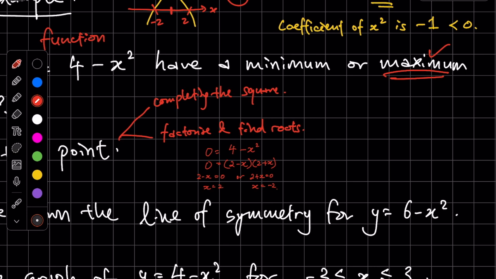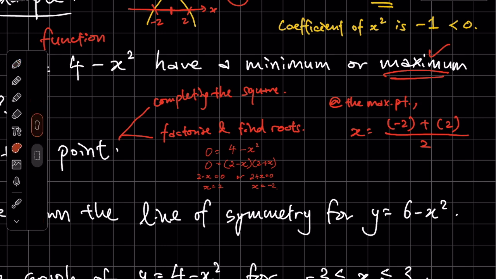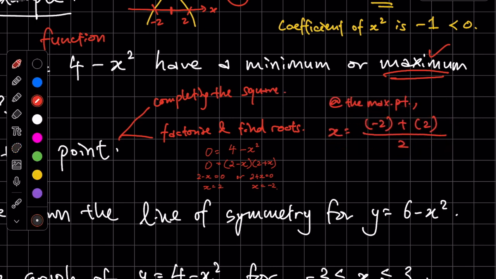So how do I find the x value? At the turning point, or in this case the maximum point, x is equal to the average of those two: -2 plus +2, divided by 2. The numerator becomes 0, so the whole thing is just 0.